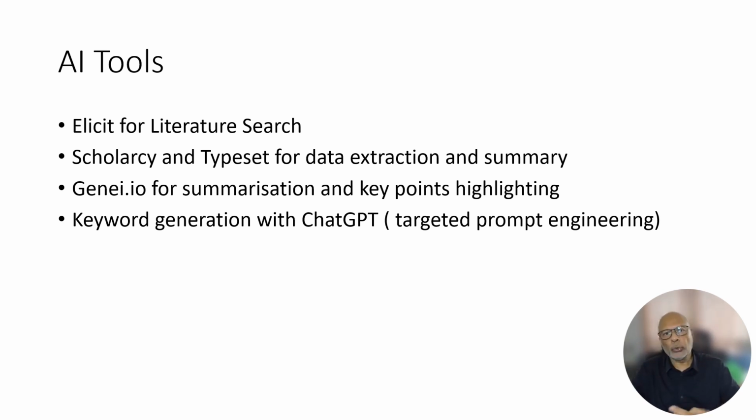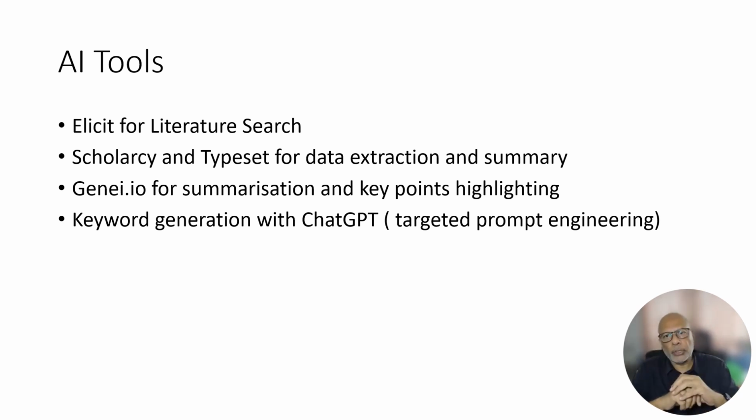Here, I'll just run through a list of them, and we will be using each one of these tools as we progress during the workshop. Elicit is a nice AI tool to conduct literature search, mainly focusing on healthcare, but you can try to use it for other areas also.